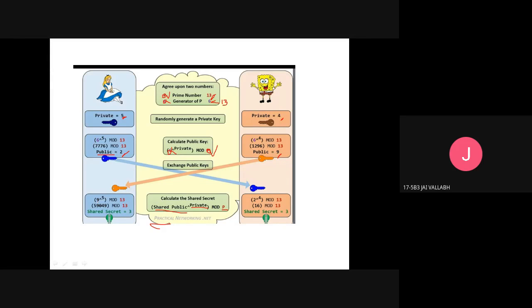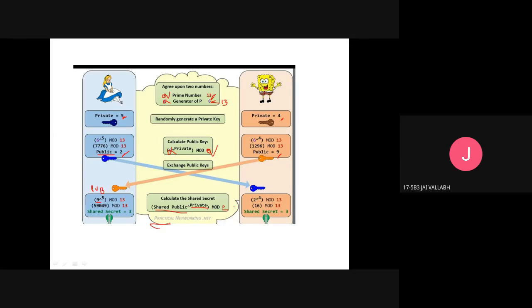So 9, which is the public key of Bob, power 5, where 5 is the private key of Alice, mod 13, where 13 is the prime number. After calculating its value, we'll get the shared secret key as 3.